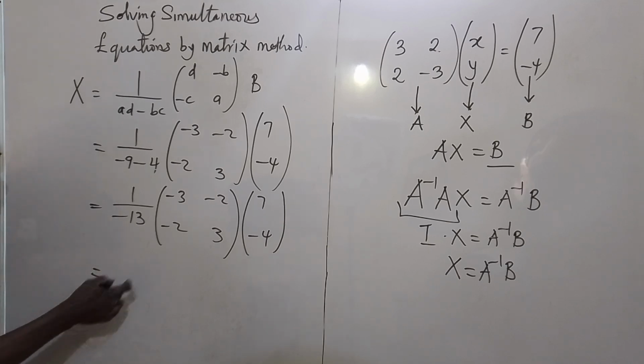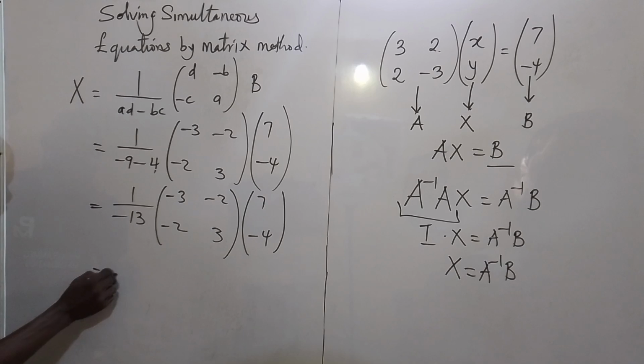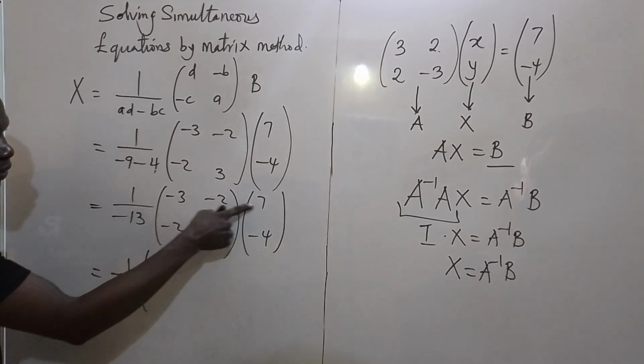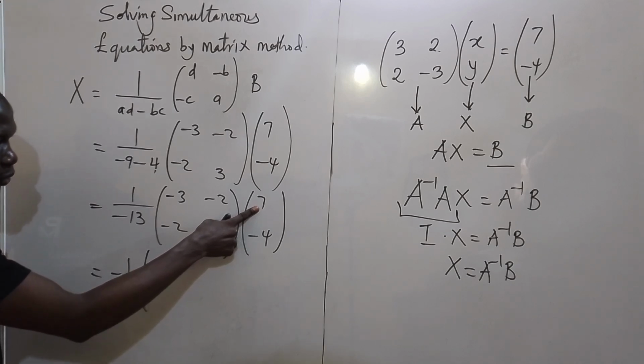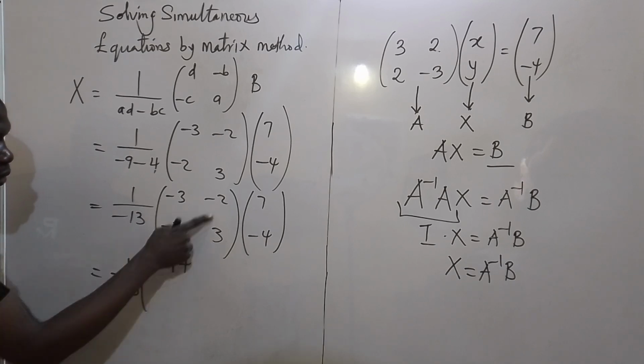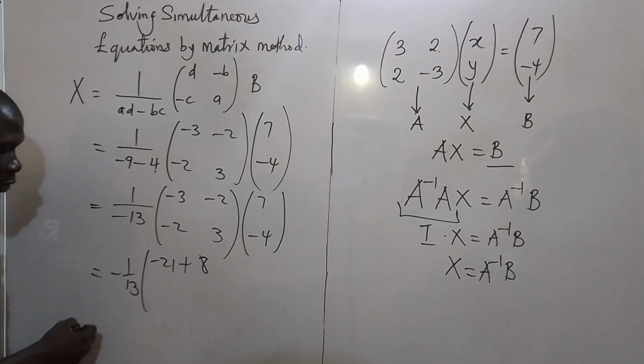Let's multiply these two first, then we'll come back to the scalar here. Minus 1 over 13, bracket, minus 3 times 7, that's minus 21, plus minus 2 times minus 4, that is 8.